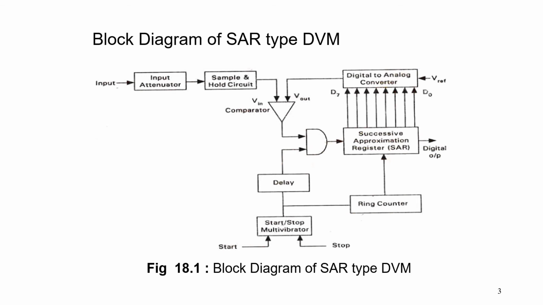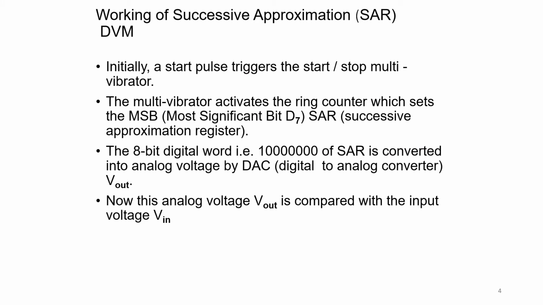So as we have seen, this is the block diagram of the successive approximation type digital voltmeter. Initially, a start pulse triggers the start-stop multivibrator.